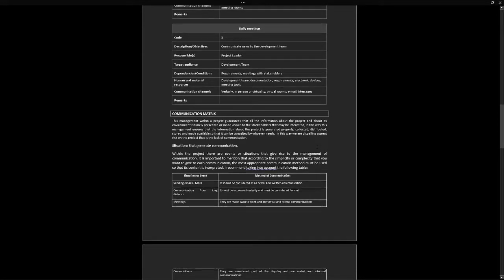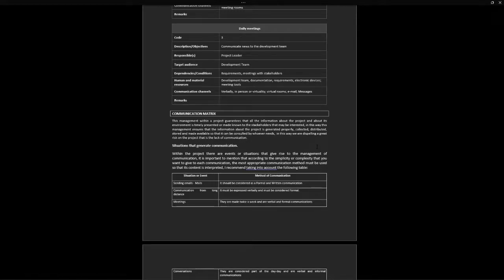Situations that generate communication. Within the project, there are events or situations that give rise to the management of communication. It is important to mention that according to the simplicity or complexity that you want to give to each communication, the most appropriate communication methods must be used so that its content is understood.